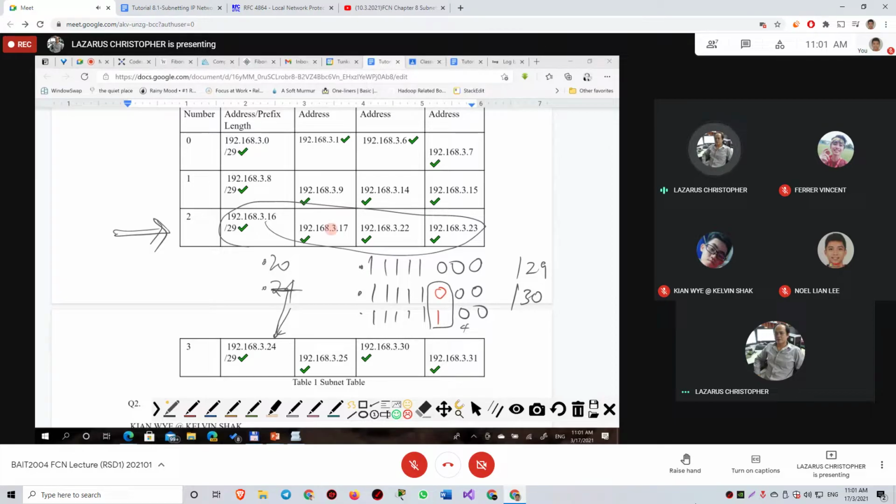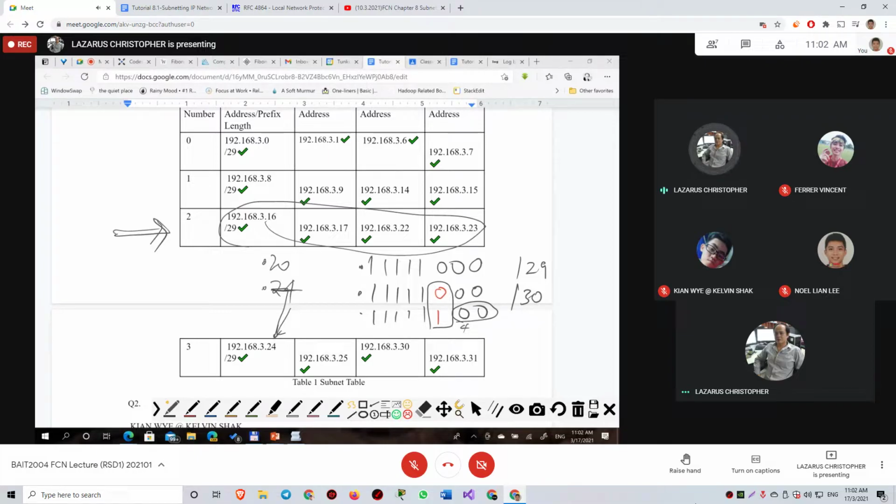Here the broadcast changes to 19, so the range will be 17 to 18. 2 only, 2 usable host addresses. So that's subnetting the subnet.